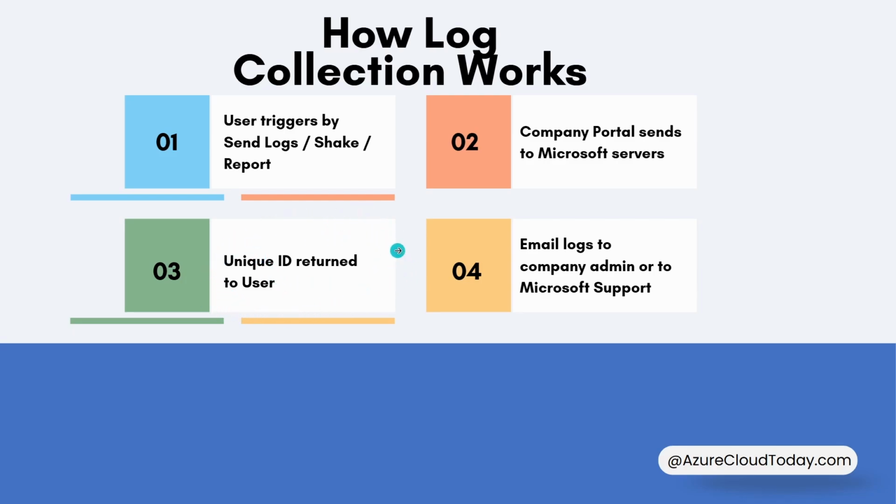This incident ID can be utilized to create a ticket with Microsoft directly for their assistance if required. Stage 4 is totally optional: once the upload finishes, the end user can choose if they wish to email the logs along with the incident ID to their help desk or admins directly from that screen itself.